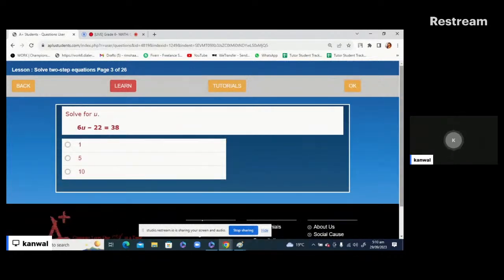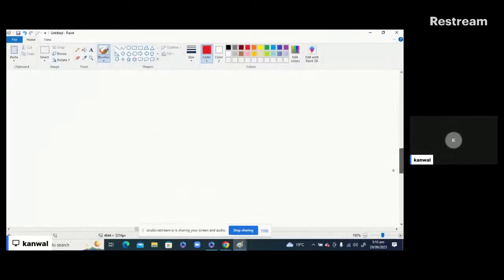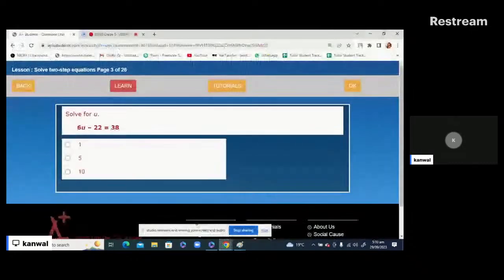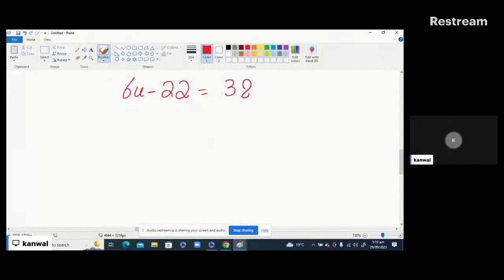Okay, let's do one more question. 6u minus 22 is equals to 38. All right, now add on both sides 22. Okay, why we add it?